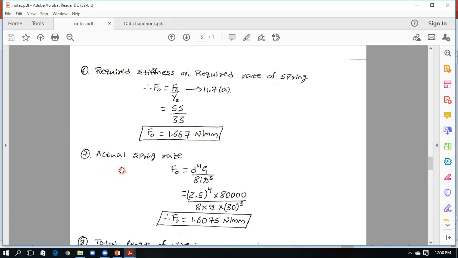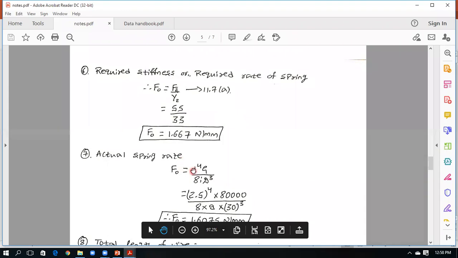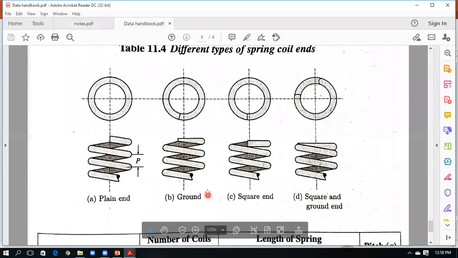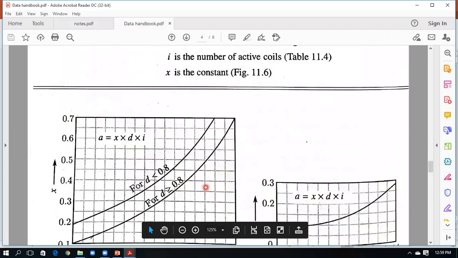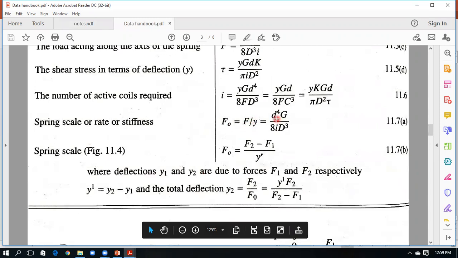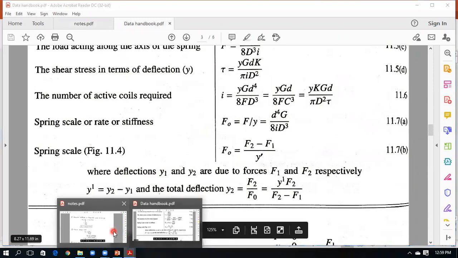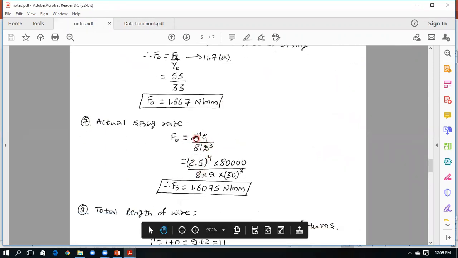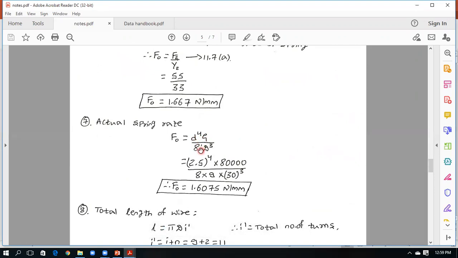Whereas if you take the actual spring rate, I'll be using the same formula. F naught is equal to d raised to 4 G divided by 8 I D cubed. This formula is also same, 11.78. From the data handbook only I have taken that 11.78, as you can see. Yeah, this is F by Y, other one is d to the 4 G by 8 I D cubed. In this case, I'll substitute the values of d, G, and I as 9.